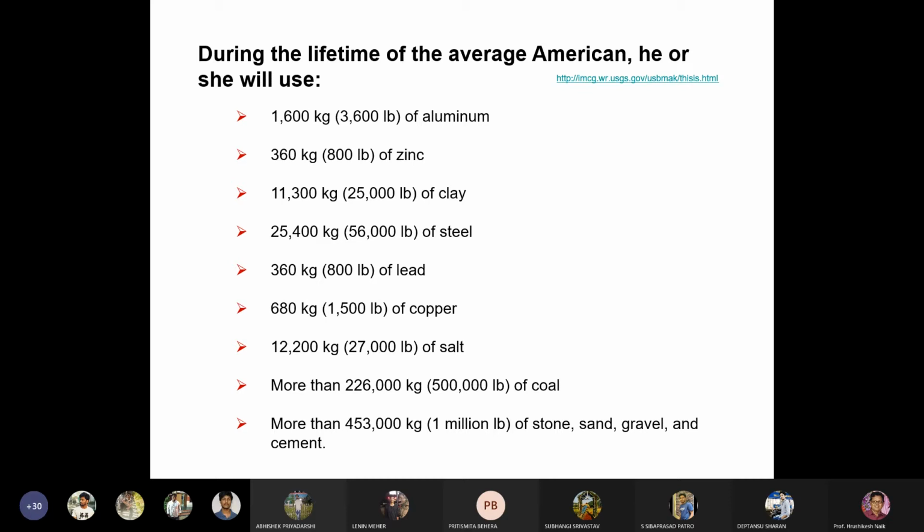These are widely used in every community, in every country. All these things are mined from mining operations, and they are widely used in different parts of the country.